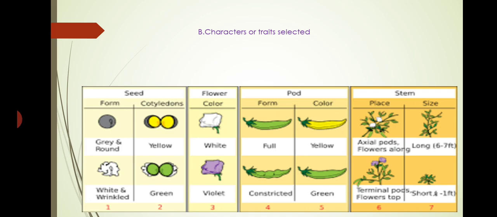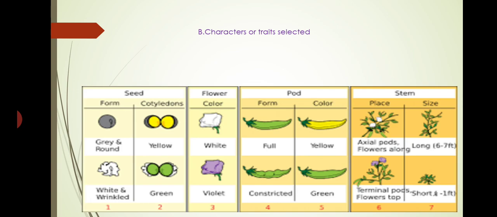The tall is the dominant character and the dwarf is the recessive character. Another character is the position of pods. The axial position of pod is dominant, and the terminal position is recessive.